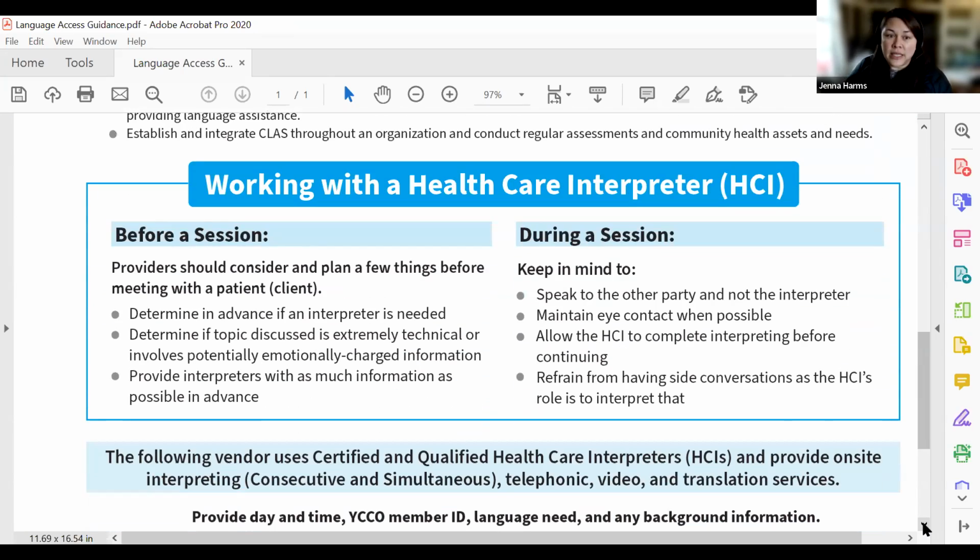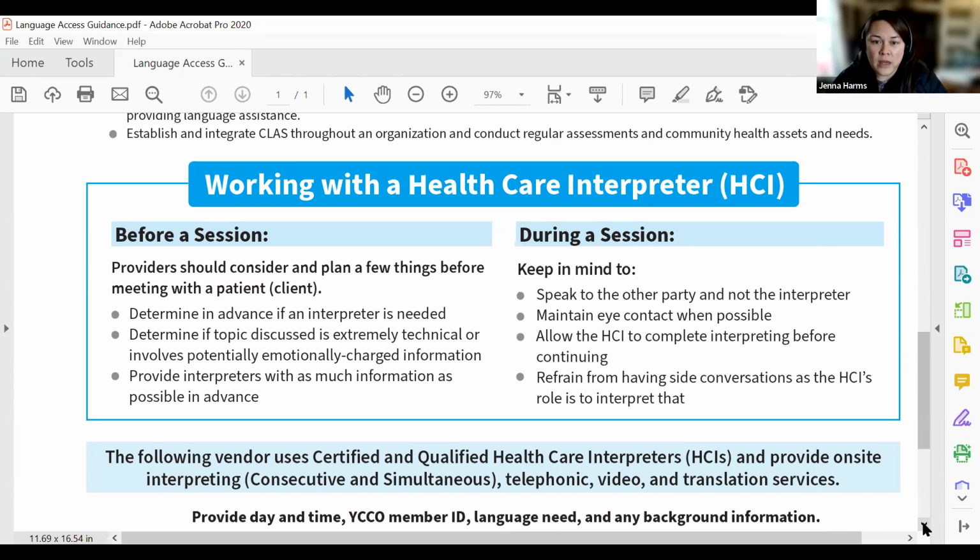So I'm going to talk a little bit about working with a healthcare interpreter. There are resources available to you as a provider to ensure that if there is a language that is spoken or a communication need, whether it might be sign language or different types of interpretation, that is available through Yamhill Community Care.